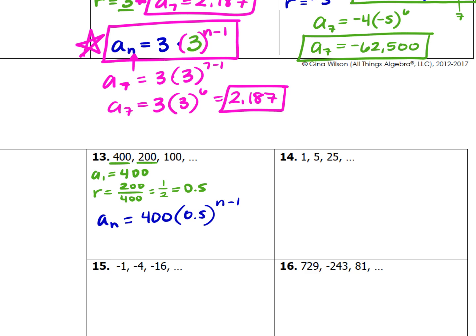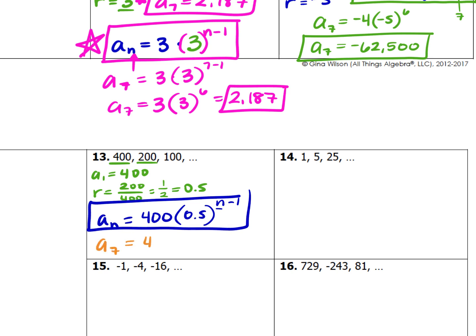Yeah. So the rule, we don't want a 7, right? The rule we want n because now I can find the 8th term or I can find the 15th term or I can find the 100th term using this. Okay, I can plug whatever number I want in for n. So we want to leave the rule with n. But then when they say, okay, now find the 7th term, that's when you plug the 7 in.